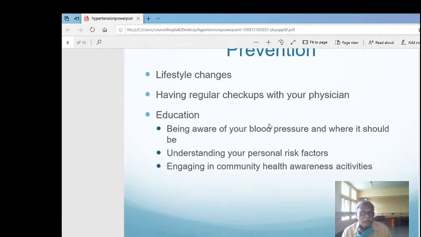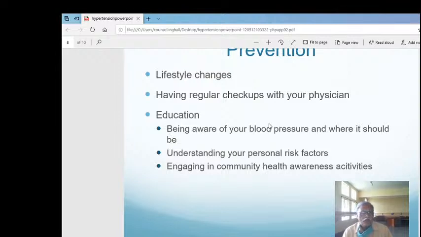The prevention, the lifestyle changes. If you do not want to get hypertension, you have to adopt certain lifestyle changes. If you are obese, bring down the weight to ideal body weight, plus or minus 5% to 10% of ideal body weight.